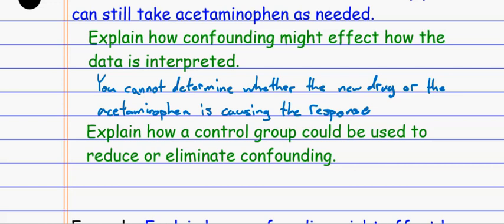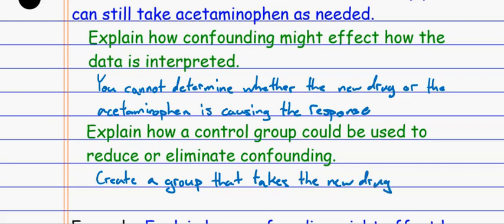Okay. So a control group would be maybe like creating a group that takes the new drug but is not allowed to take acetaminophen. Okay. So the new drug only.